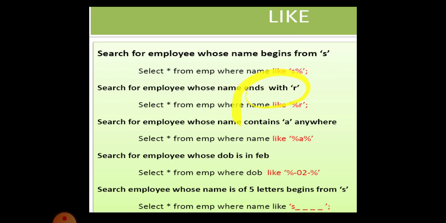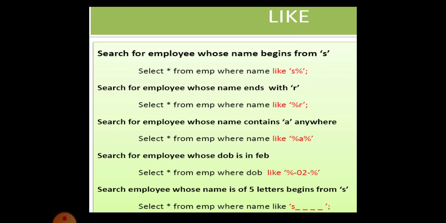Then ends with R: so percentage R is used. And search for employees whose name contains A anywhere. It may be at the first, or at the middle, or at the end, or it may be twice. So look at the syntax: LIKE percentage A percentage. So A may be anywhere in the value.